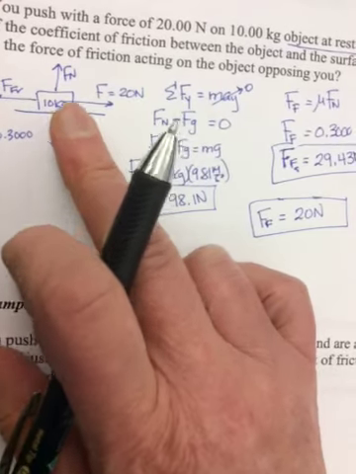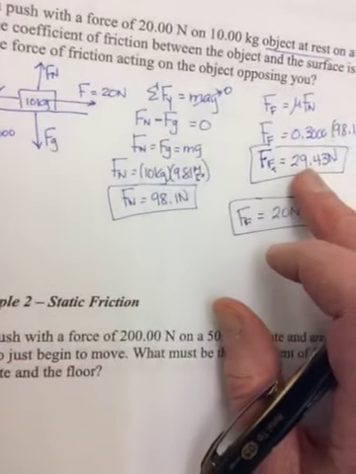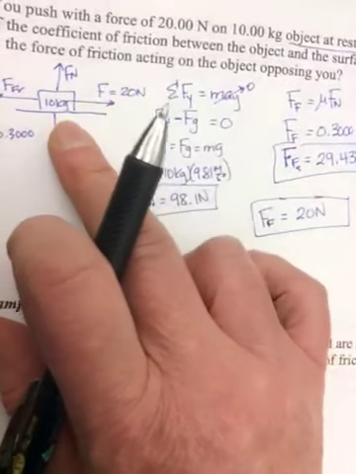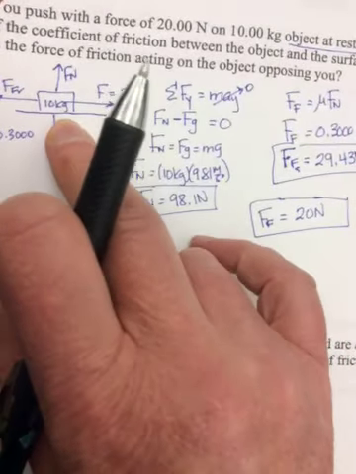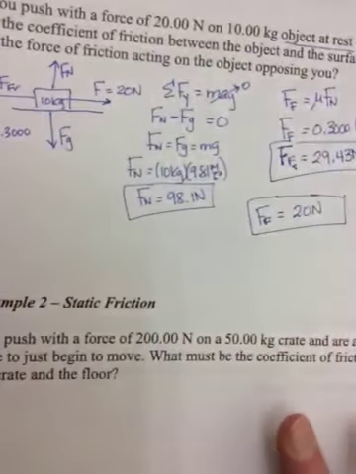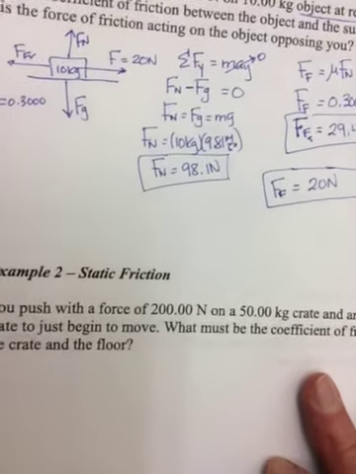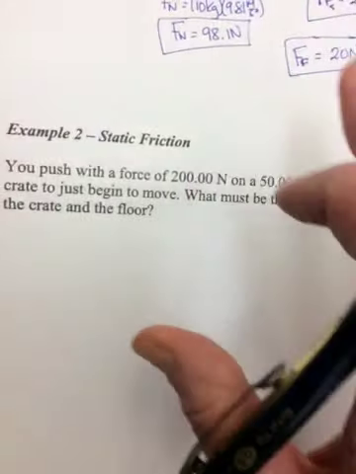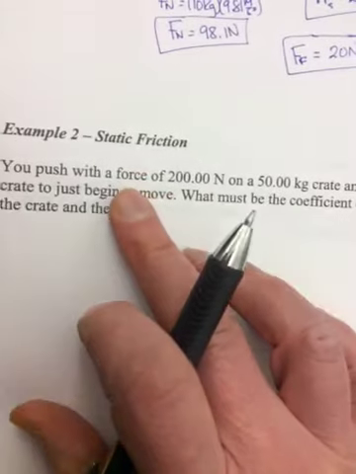If I push with 25, it'll push back with 25. When I push with 29.43 newtons, now the box will just begin to move. The static friction will change to kinetic, and then the box will move because the kinetic's always less. Okay? I can talk about that again in class if that doesn't make sense to you.